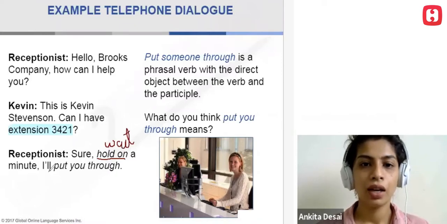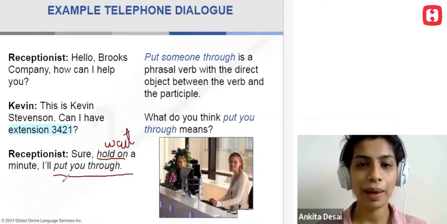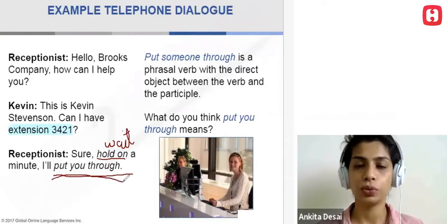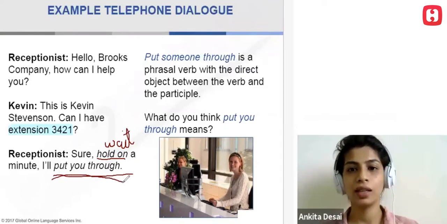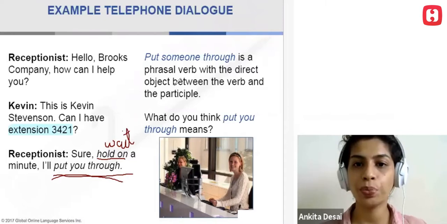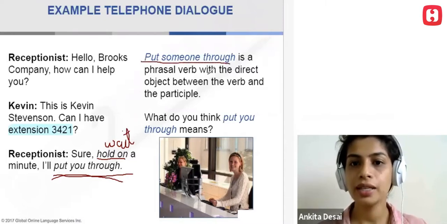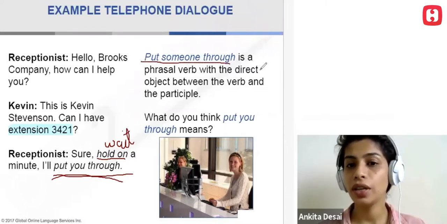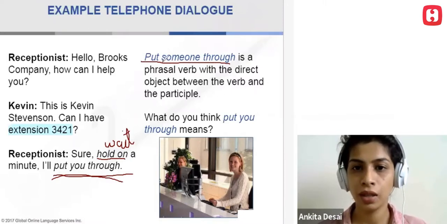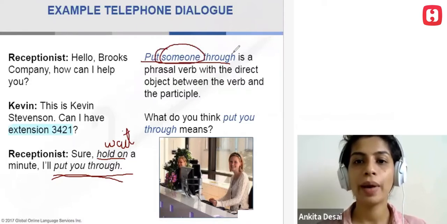"I'll put you through." What do you mean by put you through? Put you through is connect with that person. So put someone through is a phrasal verb with the direct object between the verb and the participle. So this is the object in between the verb and the participle.